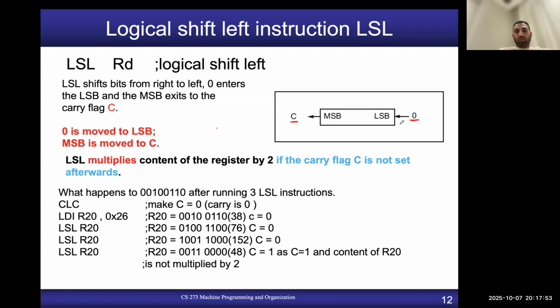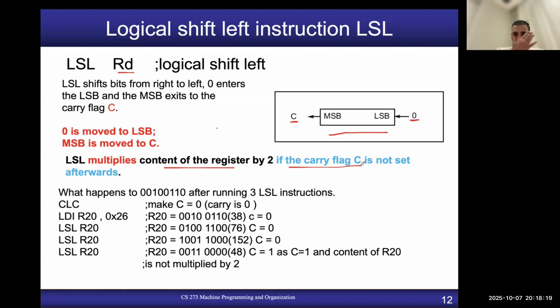But for now, we are just focusing on the fact that whenever you say logical shift left on a register, the 0 is fed into the least significant bit. All other bits are moved one place toward the left, and the most significant bit goes into the carry flag. So LSL, or logical shift left, multiplies the content of the register by 2 if the carry flag is not set afterwards.